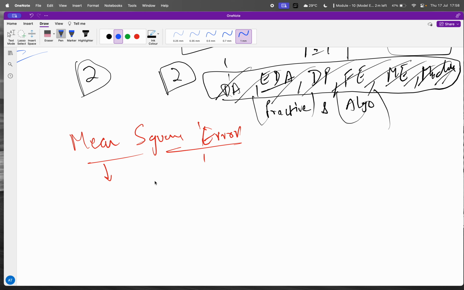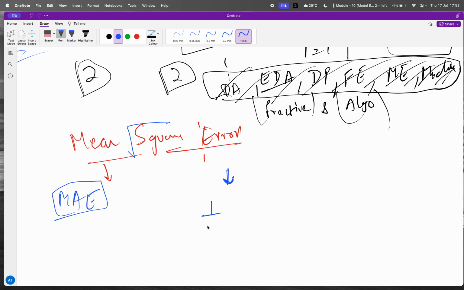Okay, mean squared error. Like we have mean absolute error, to get how much error the model is creating and to punish it back, we will use the square rather than using the modulus value, summation, and average. So we'll use the square.